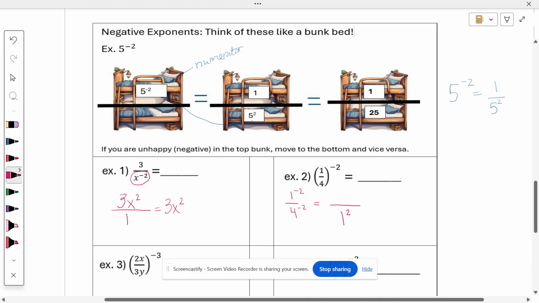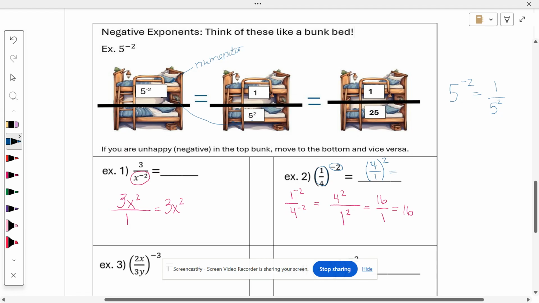Happy, 1 squared. 4 to the negative 2 power in the bottom bunk gets moved to the top bunk, 4 squared. Well, what is 4 squared? 4 squared is 16. What is 1 squared? It's 1. So your final answer is 16. Or you can use the rule that you just learned that says to get rid of the negative exponent, you reciprocate your base, 4 over 1, and now you have a positive exponent, the quantity squared.